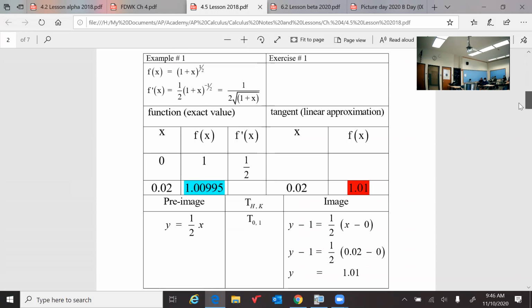Here's example 1. So we're on page 234. And there's a picture on page 234 in the margin, which is helpful. Let's find the linearization.